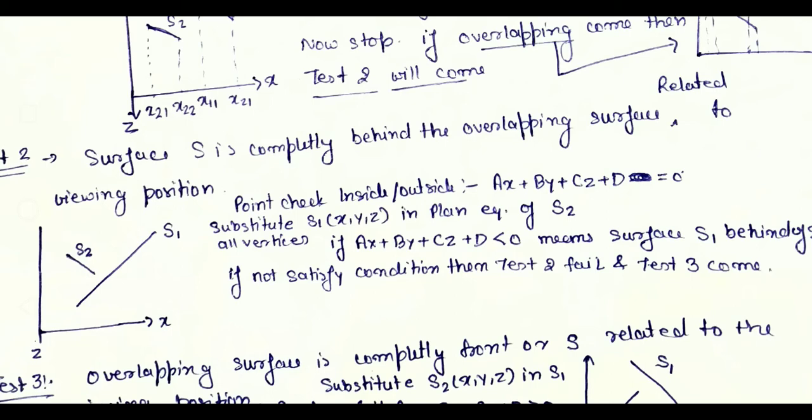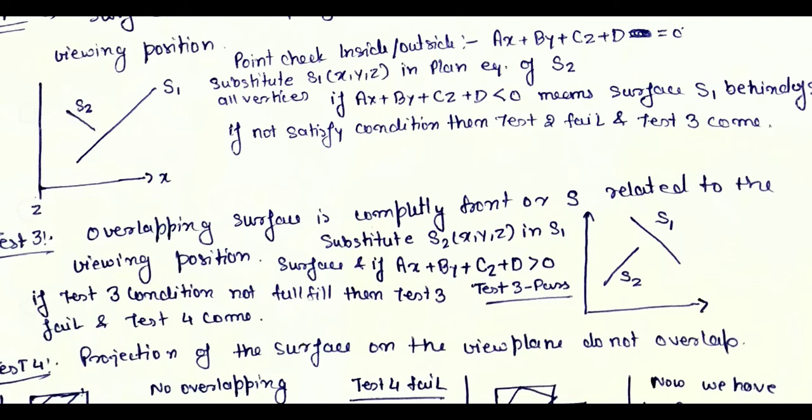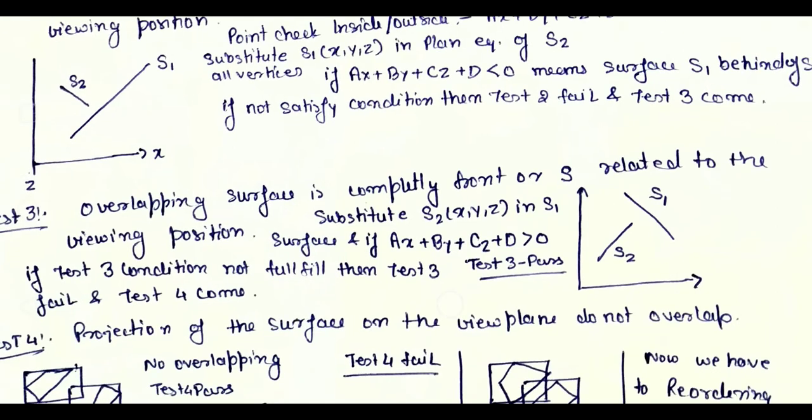The same thing in test 3, just opposite: we check whether S2 is in front of S1, substituting all vertices xyz of S2 into the S1 equation and checking whether it is greater than 0. If it is, test 3 passes. If not, test 4 comes.